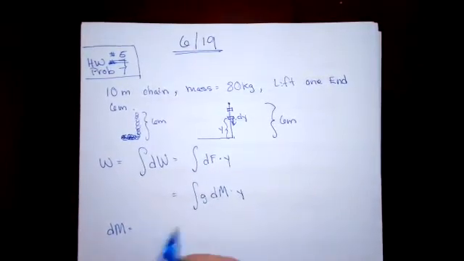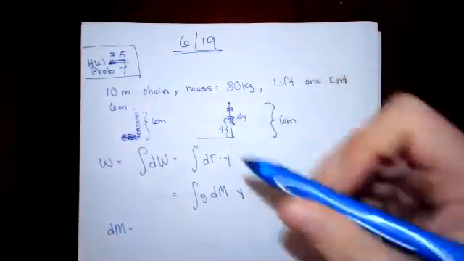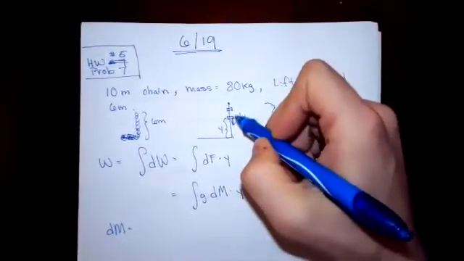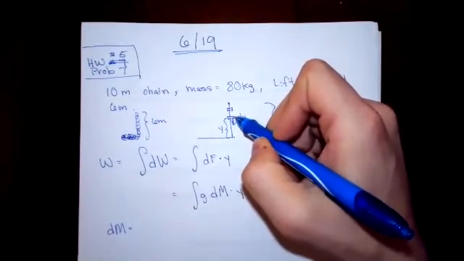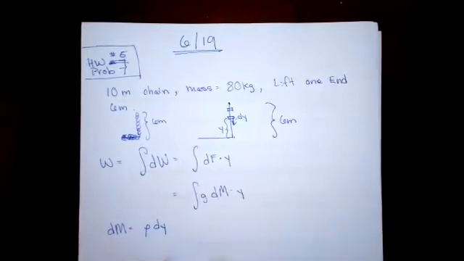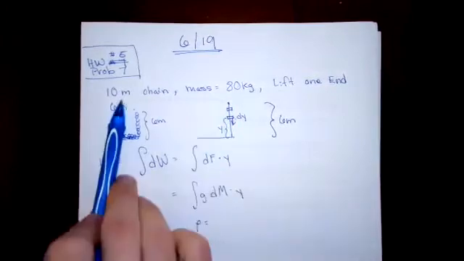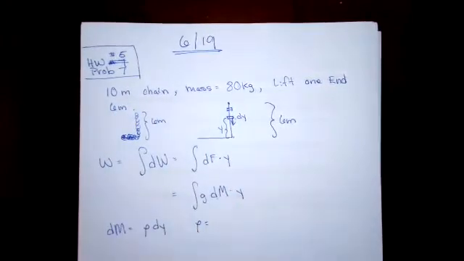Well, the infinitesimal piece of mass is just going to be essentially the width. We're considering this chain as a one-dimensional object, so it's just a length of dy times the density. And what is density? The density we can obtain from the information given about the entire length of the chain.